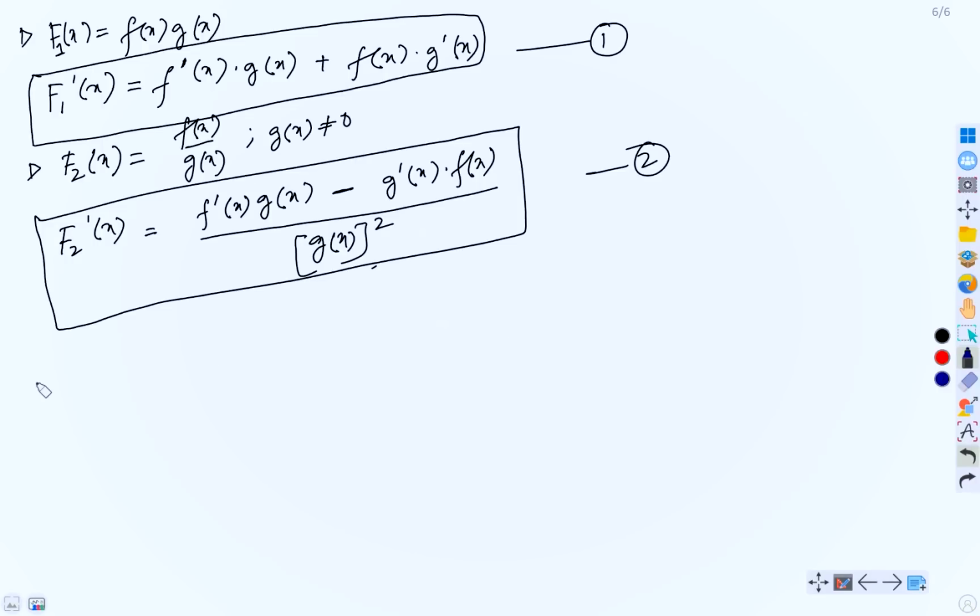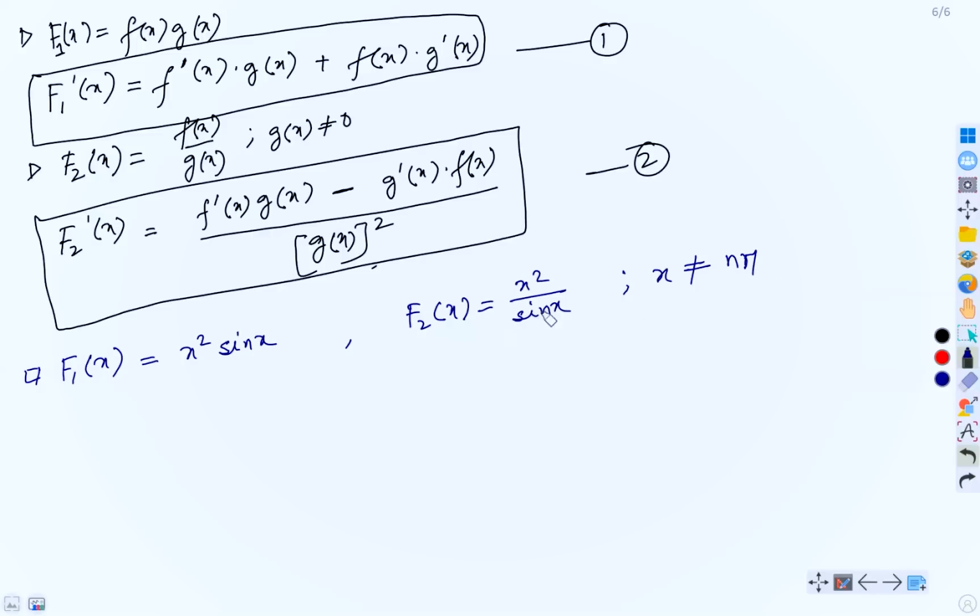A simple problem I will start with. Let's take f1(x) is x square sine x, okay? And I will do the same thing with f2(x) with the same function. Let's say this as x square upon sine x, where x is not equal to n pi, okay?